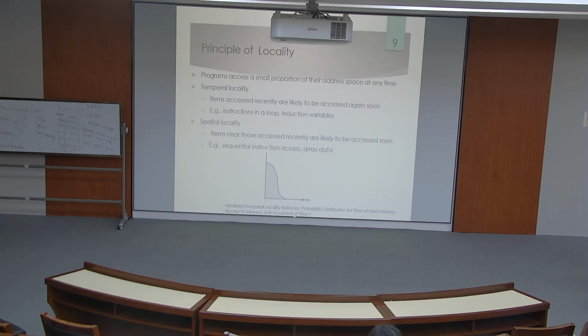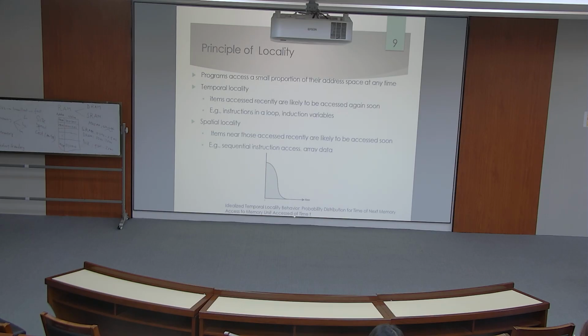Now we're going to talk about the principle of locality. Why do we need to talk about this principle of locality? Normally, the principle of locality, or memory locality, indicates the tendency of a memory to access the same memory locations, let's say the memory locations which are being frequently accessed.